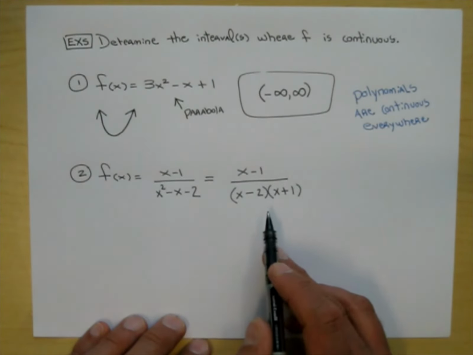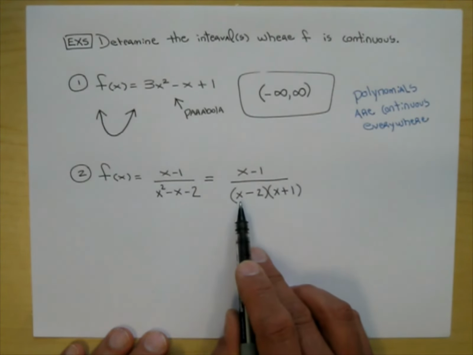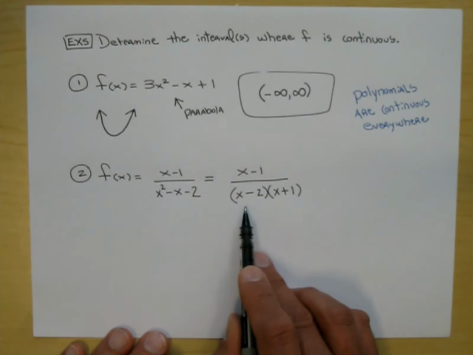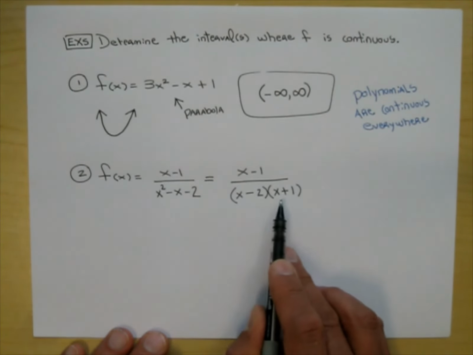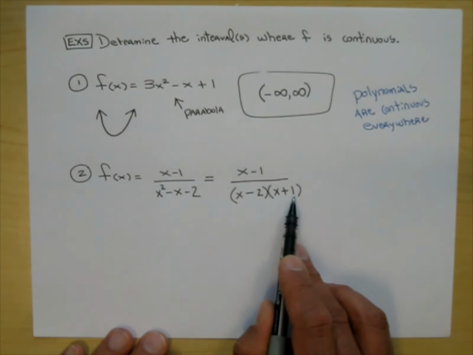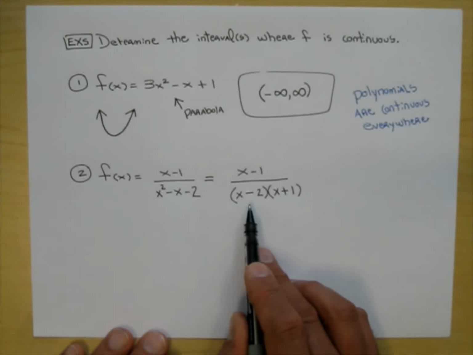Your trouble points happen to be at the x values of 2 and negative 1. And in fact, at 2 and negative 1, that's where you will have vertical asymptotes. Now, if this thing had factored into x minus 1, x plus 2, you would cancel the x minus 1s, but x equals 1 would still give you a hole, and that would be a place of discontinuity.